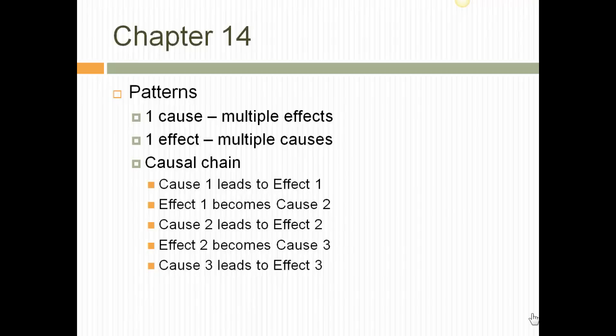It does, however, require very clear transitions so that as readers we don't get lost in what exactly the relationship is among these different things you're presenting to us. So just be aware that there are actually 3 different patterns you can choose from in structuring and organizing your cause and effect essay.